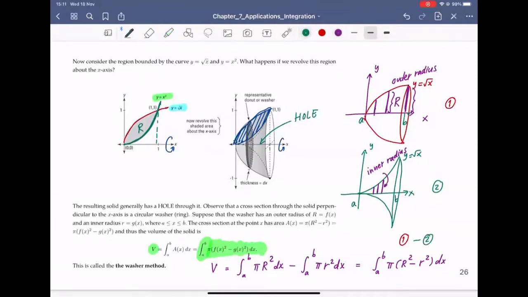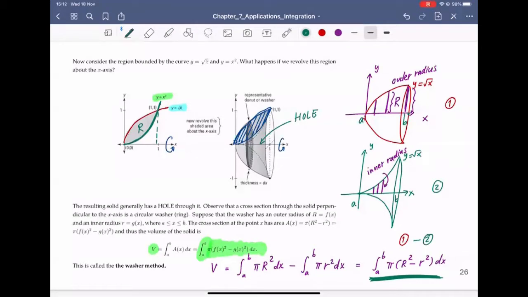Actually, I am more familiar with the formula with the big R and small r, which makes more sense to me to memorize. But you can memorize whatever you want, but you have to know that the idea is you just use the outer radius and inner radius. Does it make sense? All right.